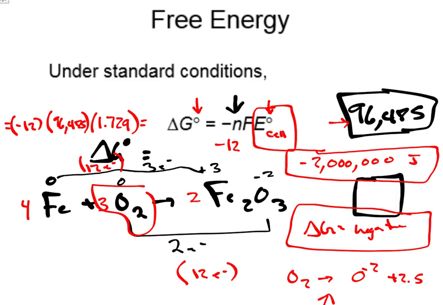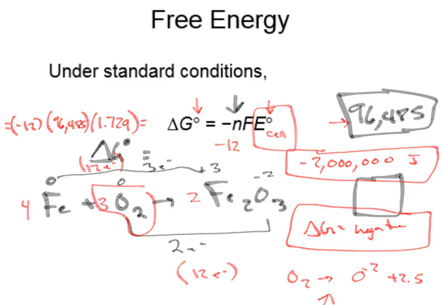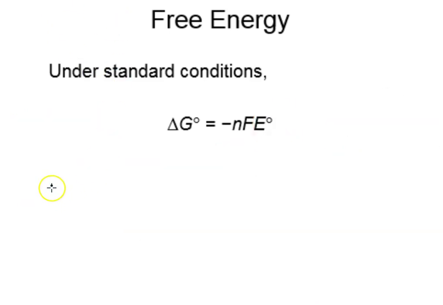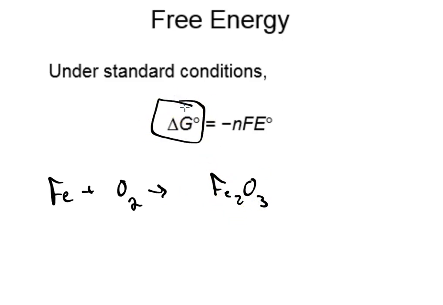All right. So it looks like I gave an example right there, so I should give another example. Fe plus O2 goes to Fe2O3. Find me some delta G naught stuff. So you're going to need iron and oxygen.